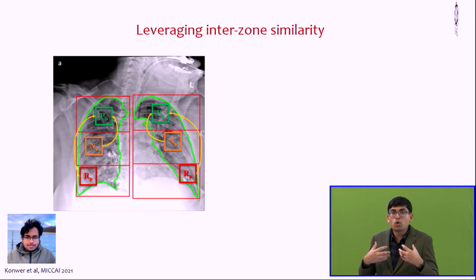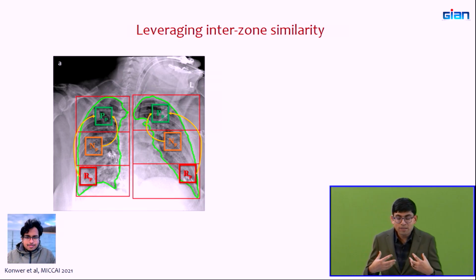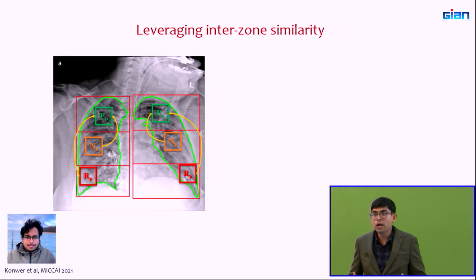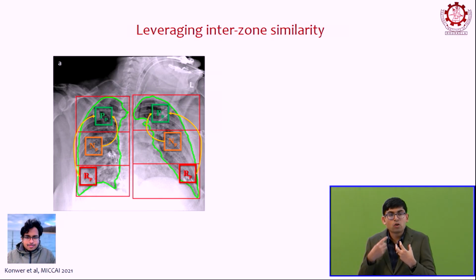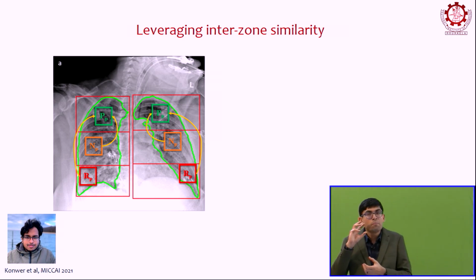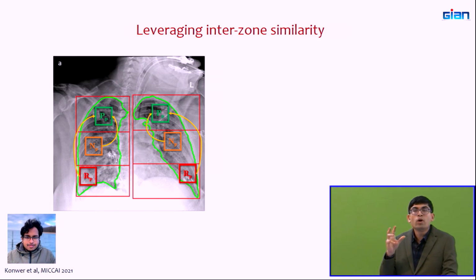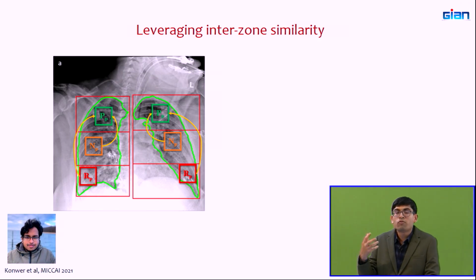Usually the COVID infiltrates start in the lower lung and slowly make their way to the upper part of the lung. This got us thinking, why do we not leverage this clinical information and build a module that can emulate this sort of clinical finding?